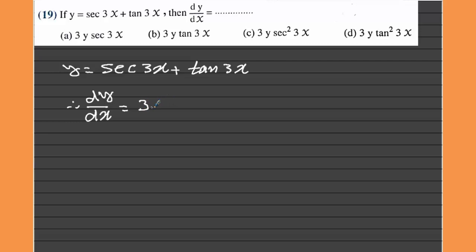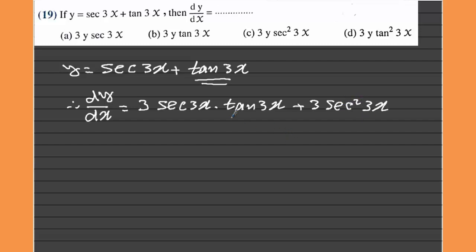So we multiply 3 by sec 3x tan 3x, plus the derivative of the second part, which is 3 sec square 3x. The derivative of tan is sec square, multiply the derivative of the angle, which is 3.